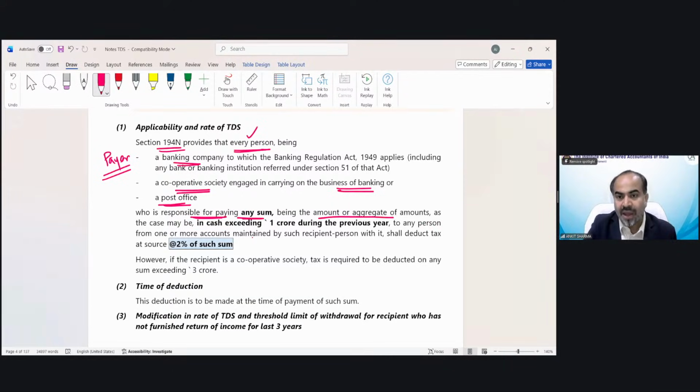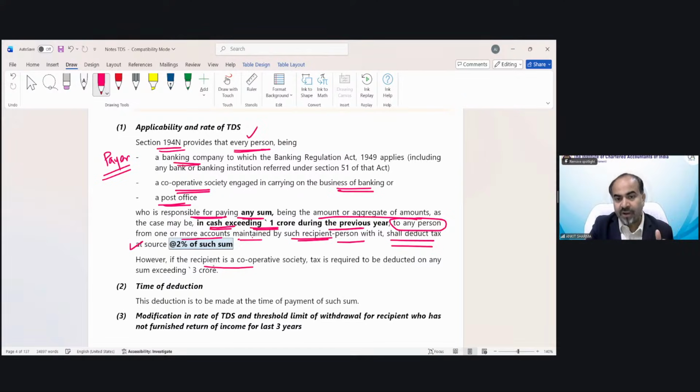Being the amount or aggregate of amount, as the case may be, in cash exceeding 1 crore during the previous year to any person. So for withdrawal by any person from one or more accounts, because the CBS system is there, maintained by such recipient person with it, they shall deduct TDS at the rate of 2%.